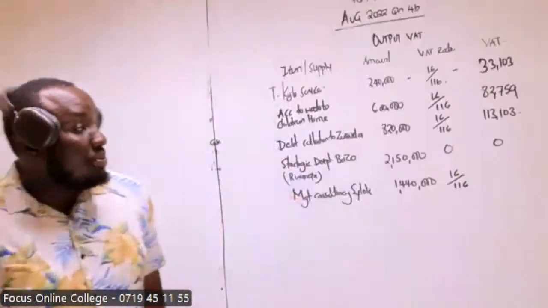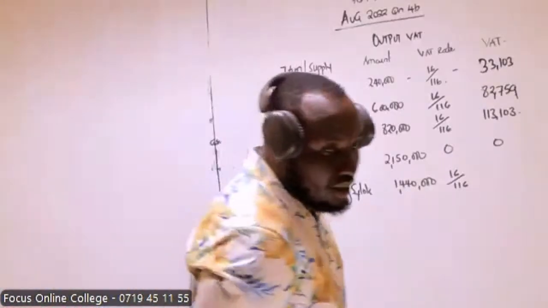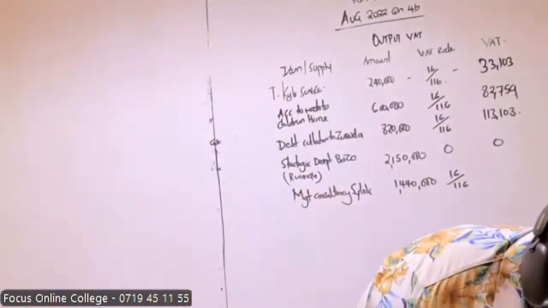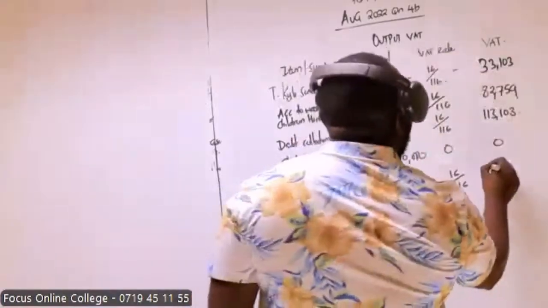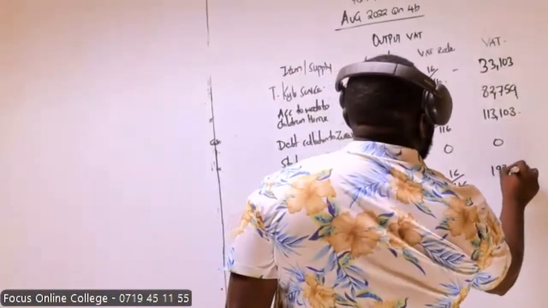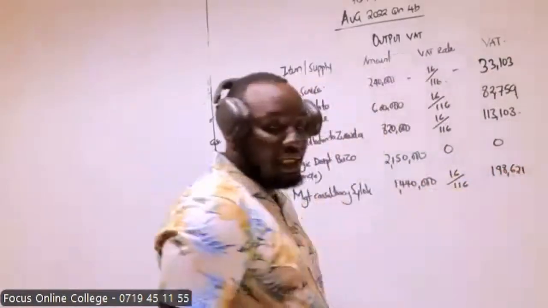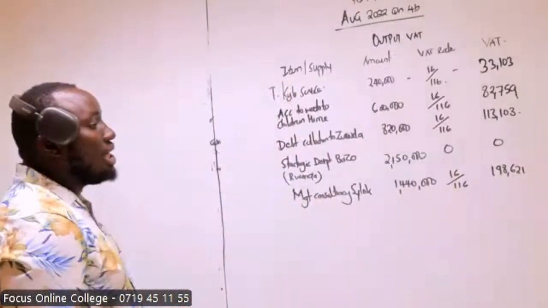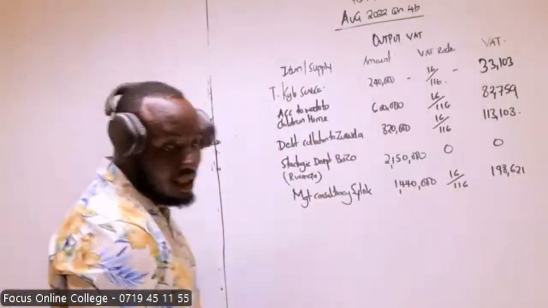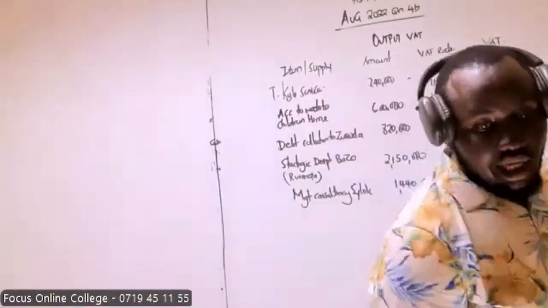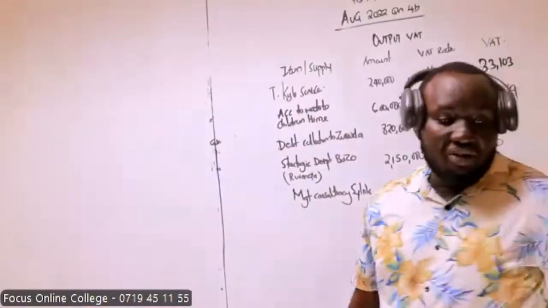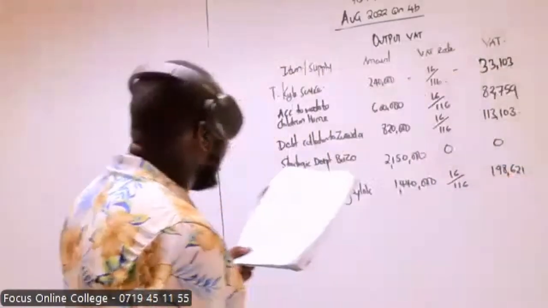So what should that be? We have it as 198,621. Is that figure correct? So perfect. So then we have the next.